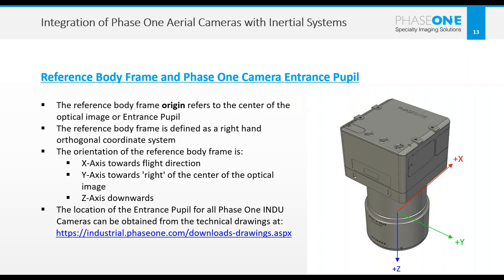This reference body frame has an origin located at the center of the optical image, or the entrance pupil. The entrance pupil is the image that is beyond the vertex of the angle of view of the lens. So we can understand this origin as the center of the image as we see it, as a frame.